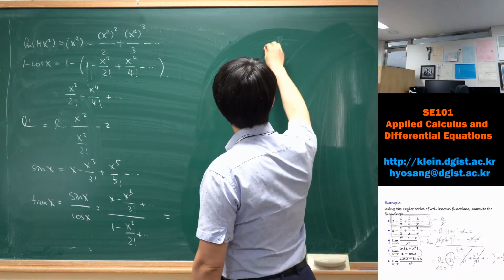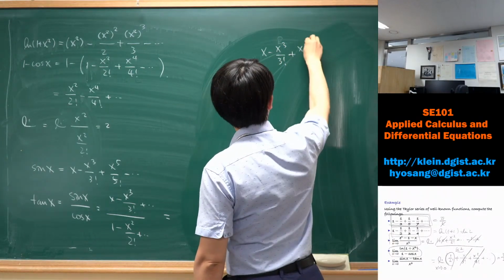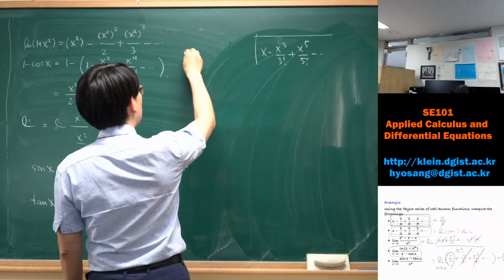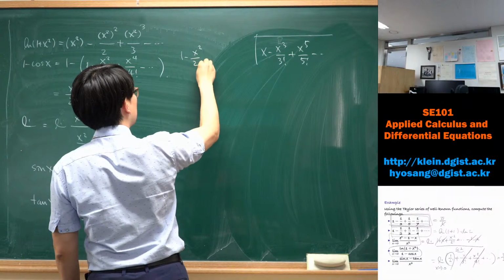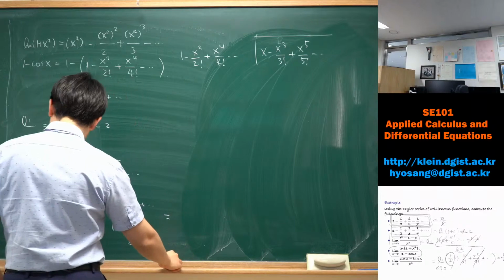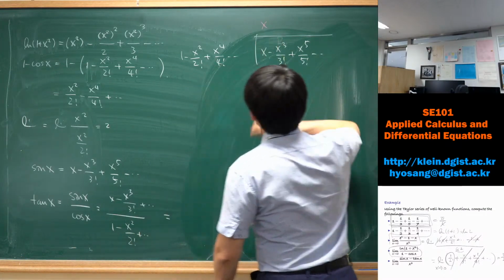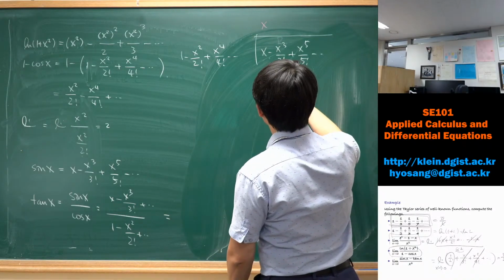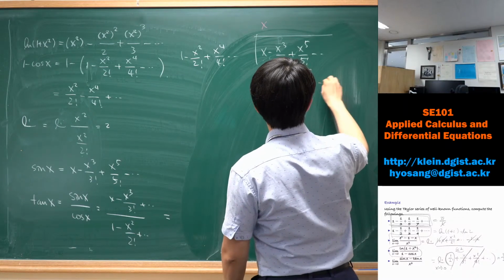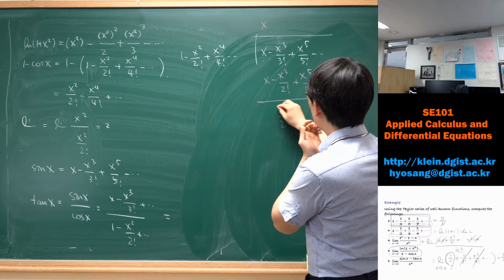So we try x minus x cubed over 3 factorial, x to the fifth over 5 factorial, and so on, divided by 1 minus x squared over 2 factorial, x to the fourth over 4 factorial, and so on.